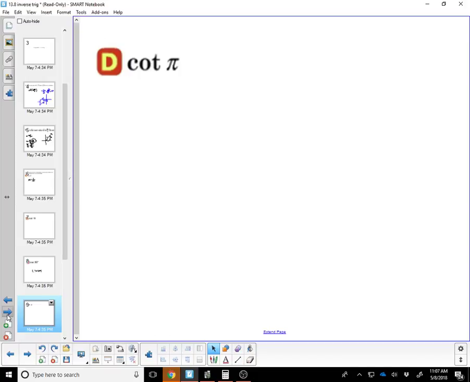Why don't calculators what? They do. Push mode. Should be at the bottom. Oh, it's probably because it's one of the older ones. Oh no, mine does. Here, when you do cotangent pi, make sure that you switch over back to radians, okay?